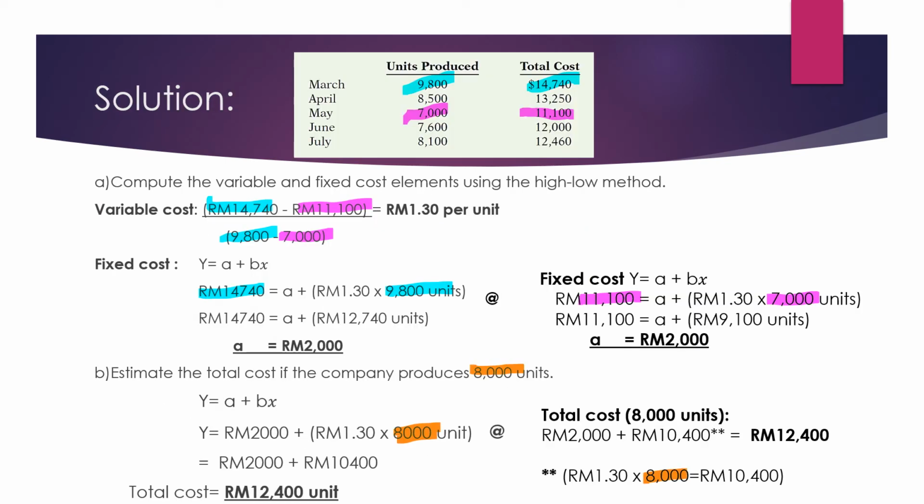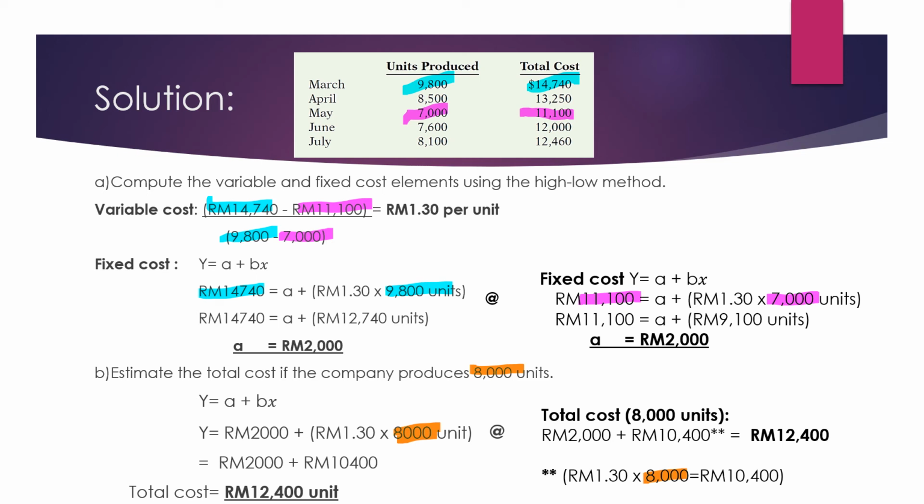The solution for this exercise is, in March, we have the highest units to be produced, 9,800, and the highest total cost is 40,740. The lowest units produced is 7,000 in May and 11,100 in total cost. So we use the high-low method formula.